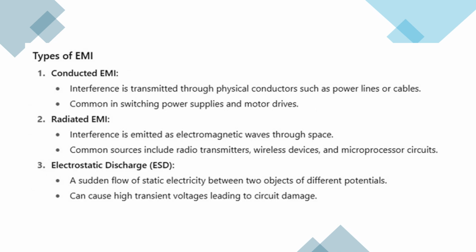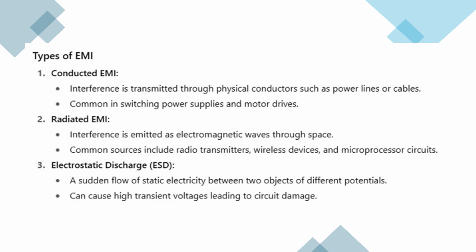Then the types of EMI: conducted, radiated, and electrostatic discharge. Conducted means interference is transmitted through physical conductors such as power lines or cables, common in switching power supplies and motor drivers. And radiated means interference is emitted as electromagnetic waves through space.